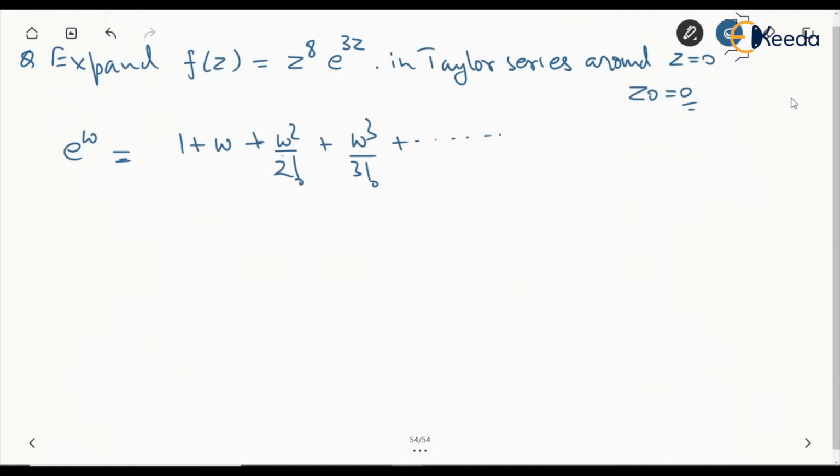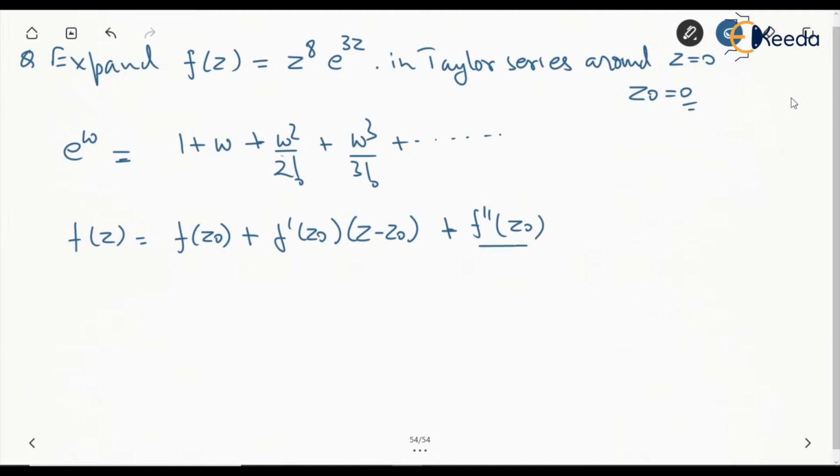And we also know that while writing the Taylor series expansion, we take f of z is equal to f of z naught plus f dash of z naught into z minus z naught plus f double dash of z naught by 2 factorial into z minus z naught to the power of 2.